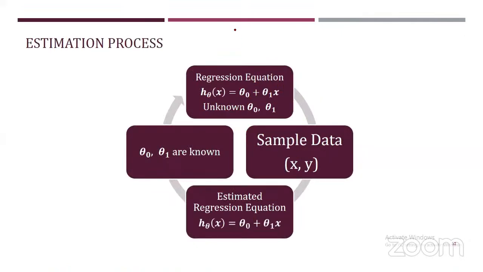So how is this whole estimation process going to be? You are starting with this particular equation. Initially, you do not have knowledge about theta naught and theta 1, the parameters of your model. Here you just have your training instances, where you have the x and the y. Based upon these two pieces of information, you are going to adjust the values.